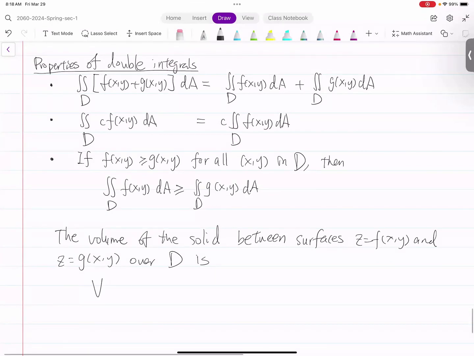So the volume is just going to be the double integral over the region D of f minus g. Right. That's pretty intuitive.